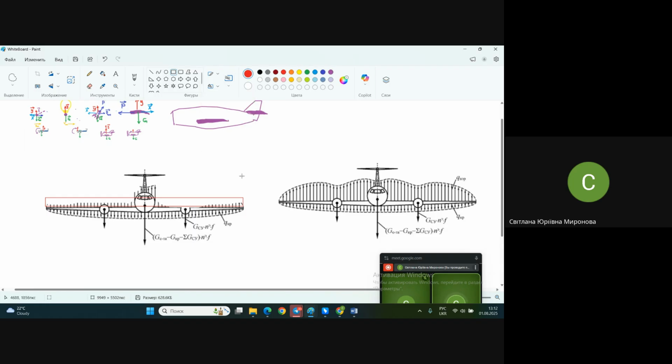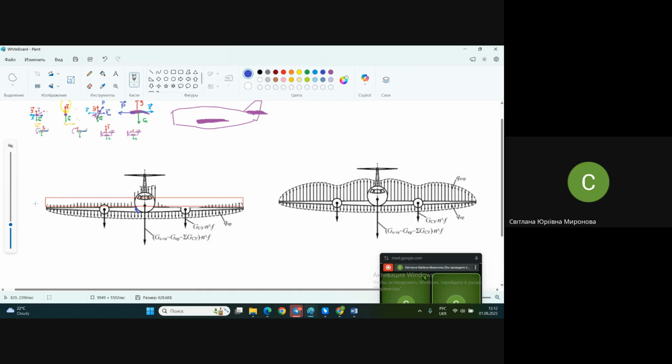Let's imagine that we have what is called bending moment. What does it mean, bending moment? It's a cantilever wing. The wing is fixed here with the fuselage, and the free piece of wing may bend under the loads.